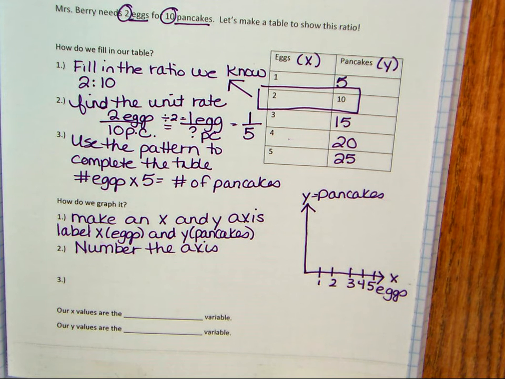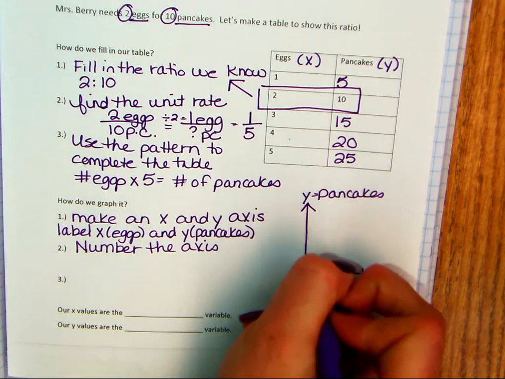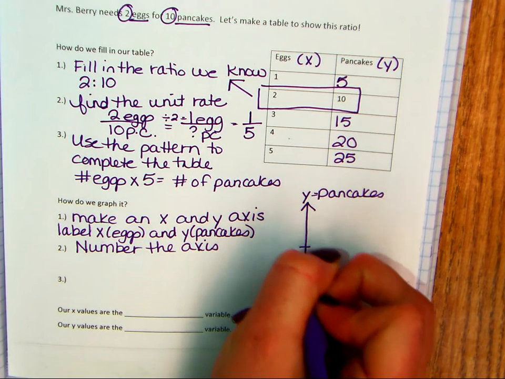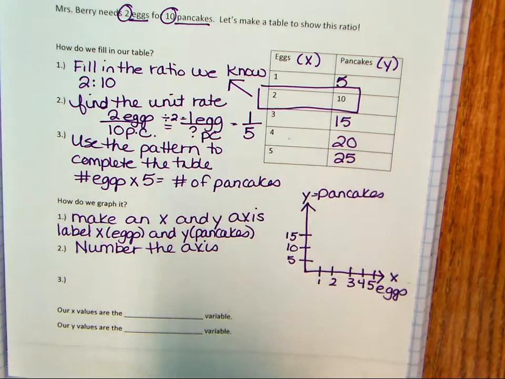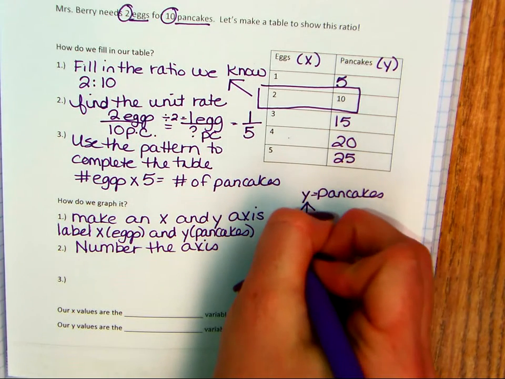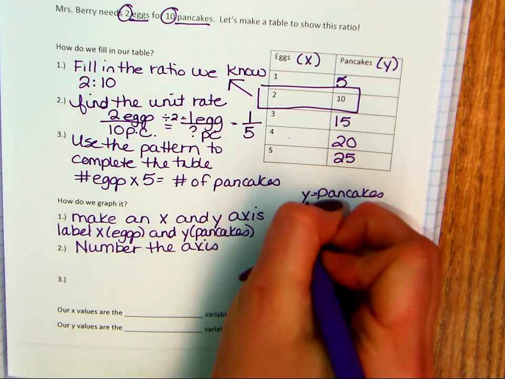And I could write 1, 2, 3, 4, 5, 6, 7, 8, 9, 10. But I look at my pattern and they're all in multiples of 5. So I'm going to make it easier for myself and count by 5s instead. So I'm going to do 5, 10. And as long as you keep it evenly placed, it's fine to do this. It actually saves room. So 25.